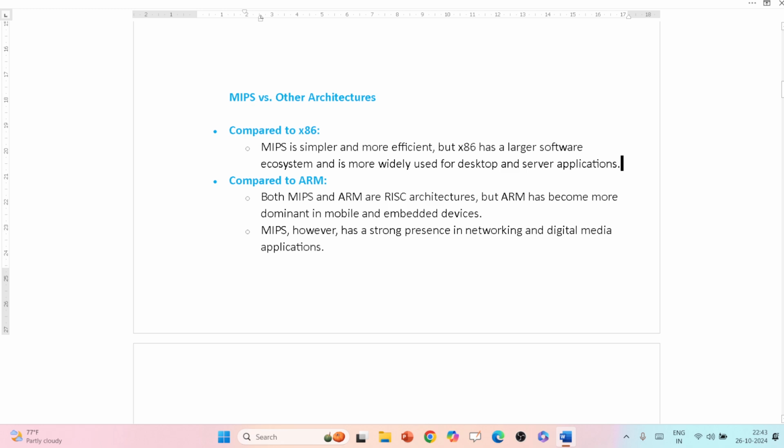Compared to ARM, both MIPS and ARM are RISC architectures, but ARM has become more dominant in mobile and embedded devices. MIPS, however, has a strong presence in networking and digital media applications.